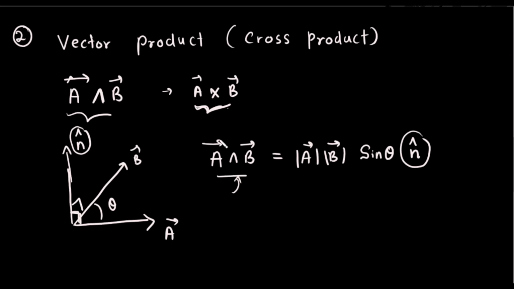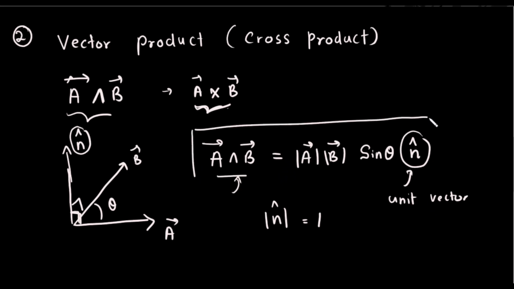So this is a unit vector actually. What is a unit vector? When you take the magnitude of this vector, it is always equal to 1. That is why we call it a unit vector. This is the definition for the cross product.